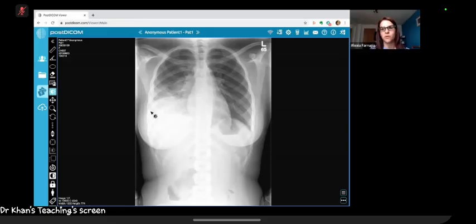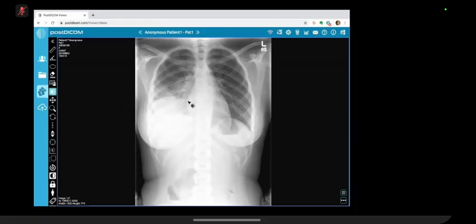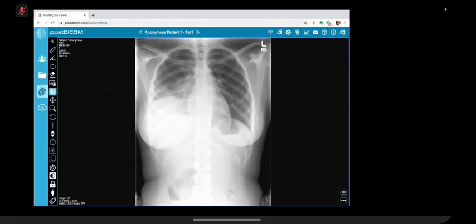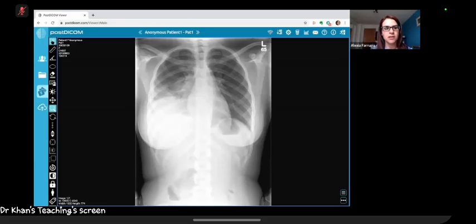But we know that there is an effusion, because the right hemidiaphragm is obscured. Yes. So right lower zone pneumonia with an effusion, possibly a parapneumonic effusion. That was the initial presumed diagnosis.